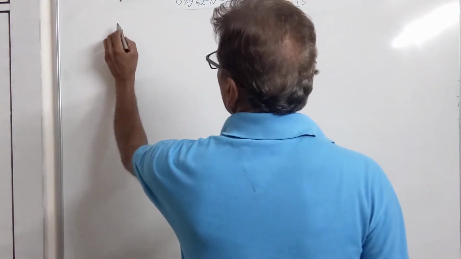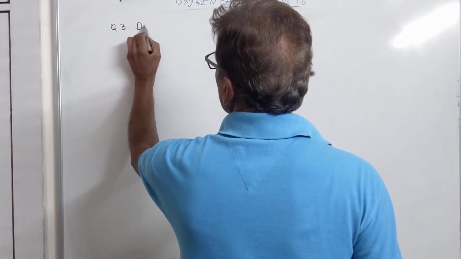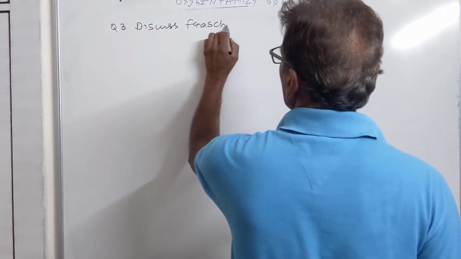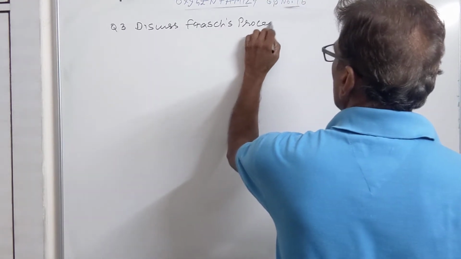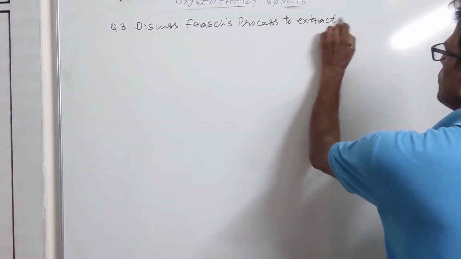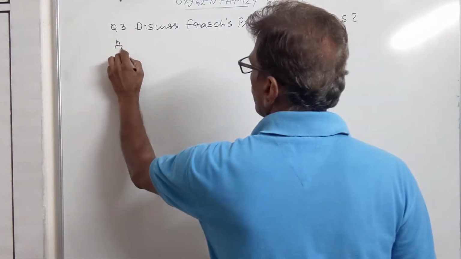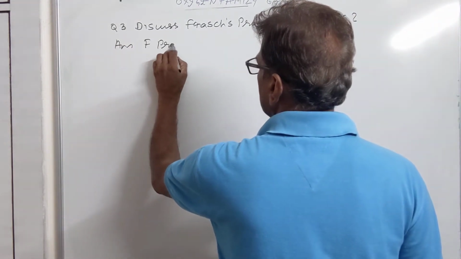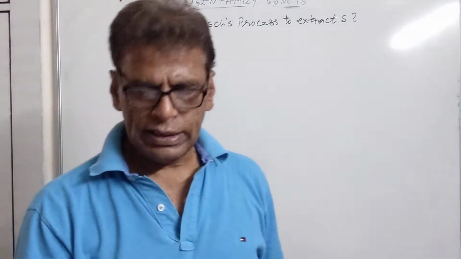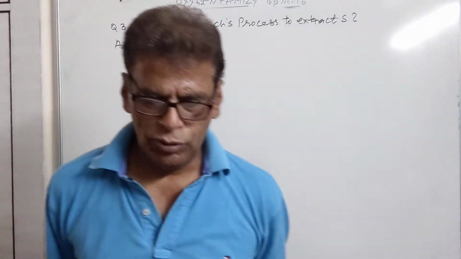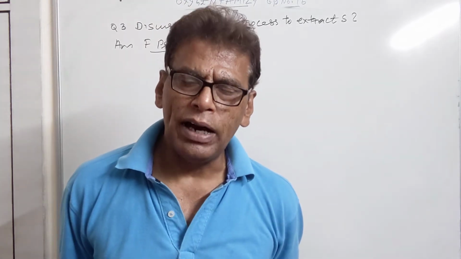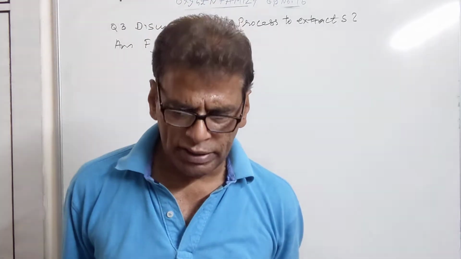So our next question is, discuss the Frasch process to extract sulfur. The Frasch process involves the sinking of three concentric pipes by drilling a hole in the earth's crust.